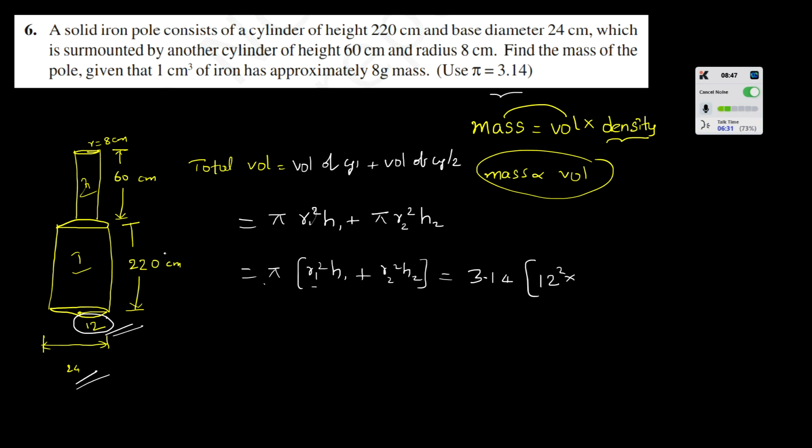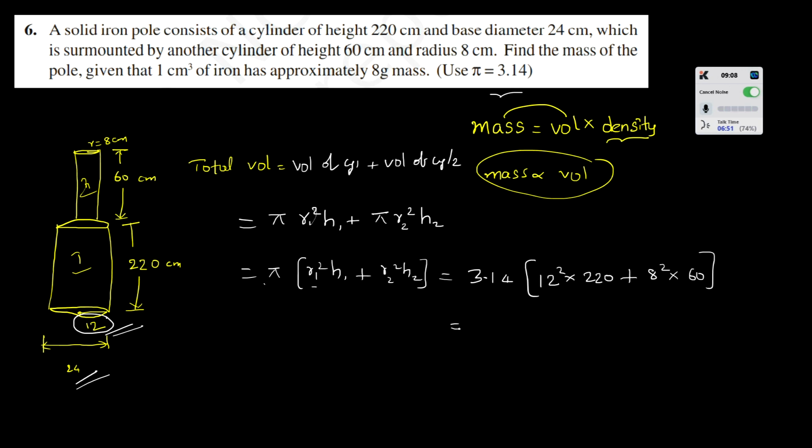Kindly confirm that all the dimensions are in the same unit. That means if the radius is in centimeter, the height should also be in centimeter. Okay, so 12 square into 220 plus r2 square, 8 square, into h2, which is 60.